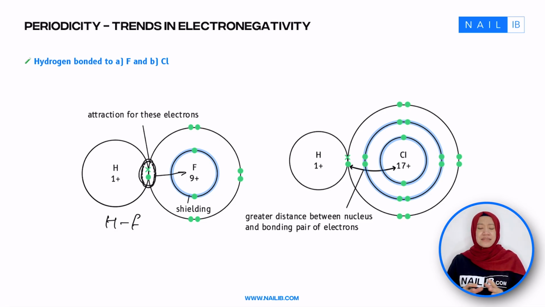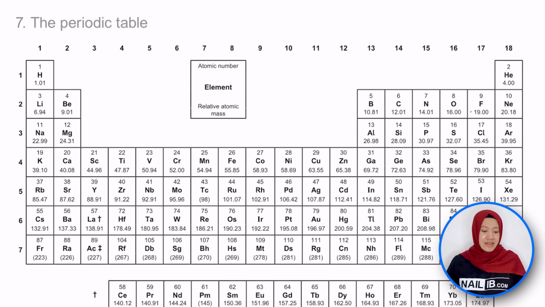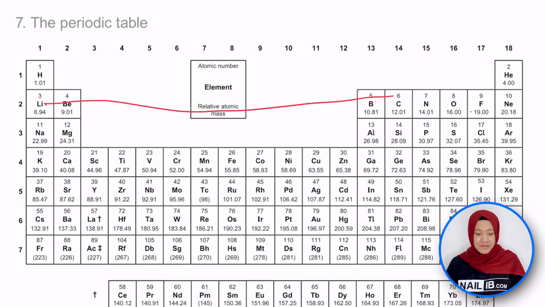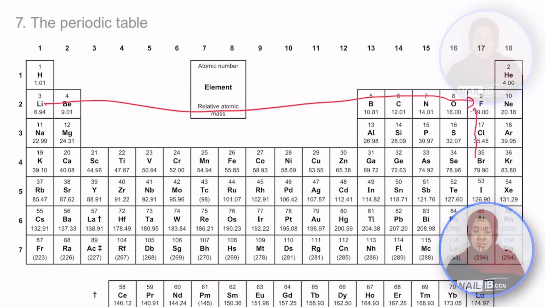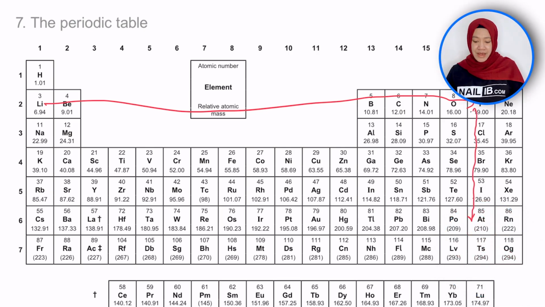Right, so what about the trends? Okay, so the key here that is important, I will just use this basic one. When you go towards F here, and then when you move away from F, this is the key.